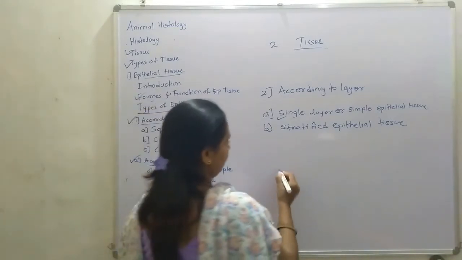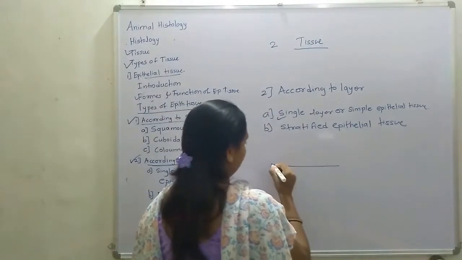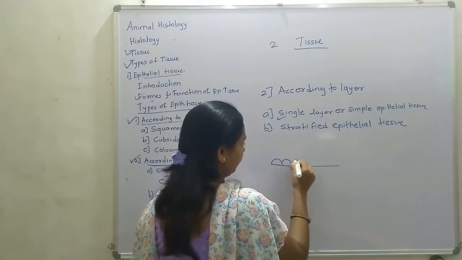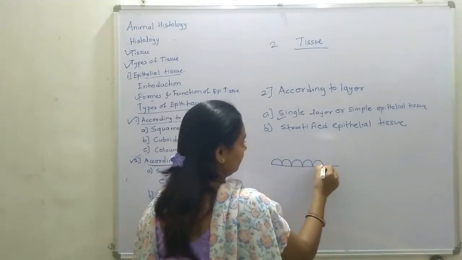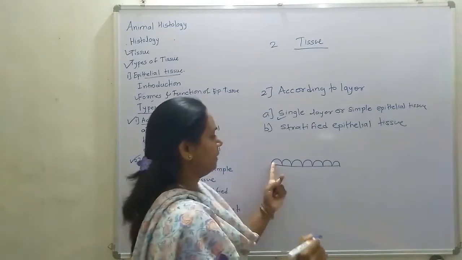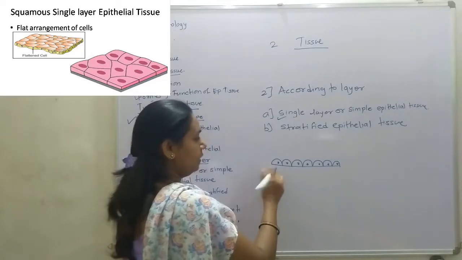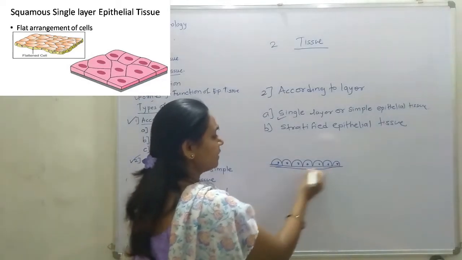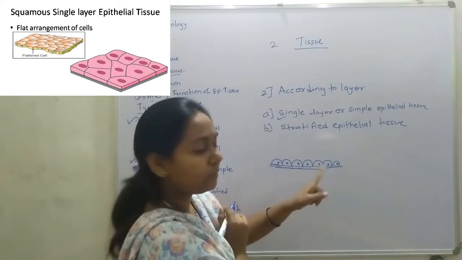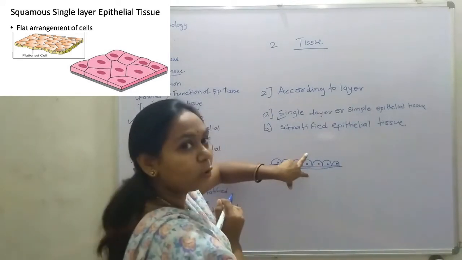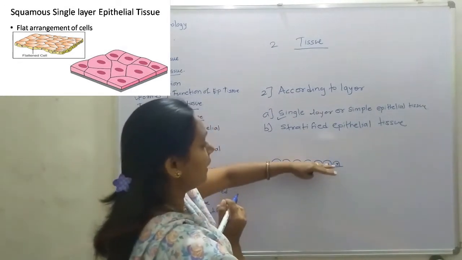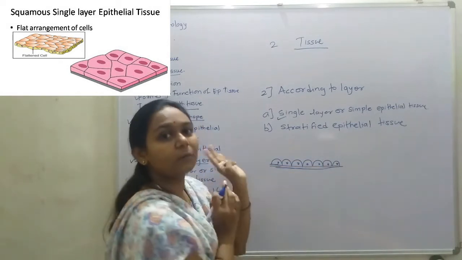It means a tissue which is in a single layer. This is a squamous epithelial tissue, meaning the squamous cells are arranged on the basement membrane. This is the basement membrane. Why is this the basement membrane? Because the basement membrane separates the two tissues; the epithelial tissue is separated from the connective tissue.